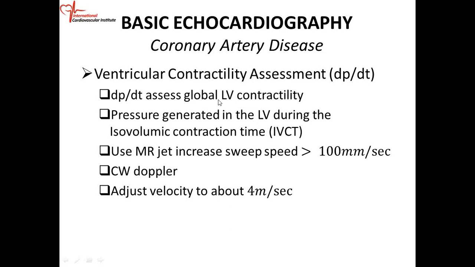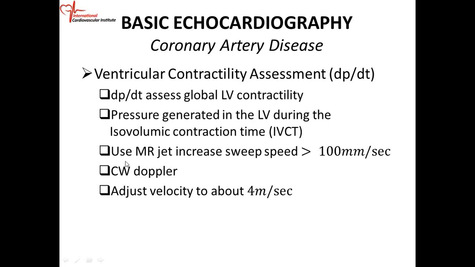The stronger the muscle, the greater the number. It is the pressure generated in the LV during the IVCT, the isovolumetric contraction time. So it's during this time the pressure is generated.